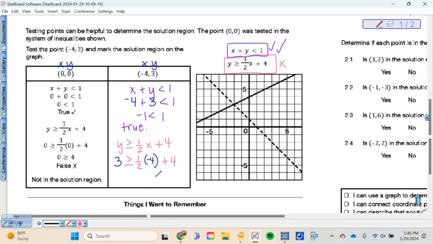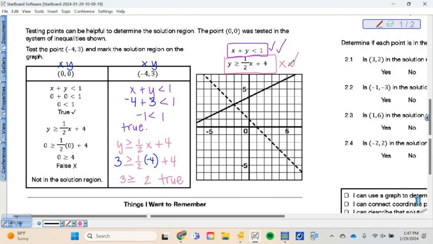What's 1/2 times -4? -2. What's -2 plus 4? 2. Is 3 greater than or equal to 2? Yeah, 3 is greater than 2. That's true. So it's a solution to both inequalities.